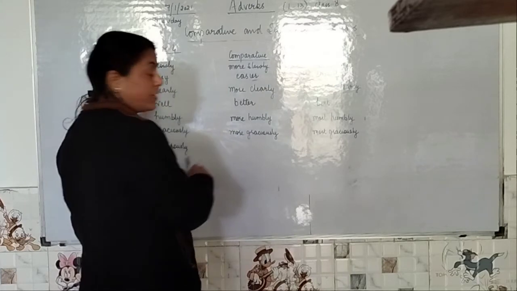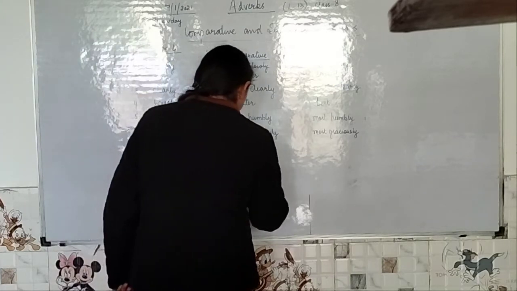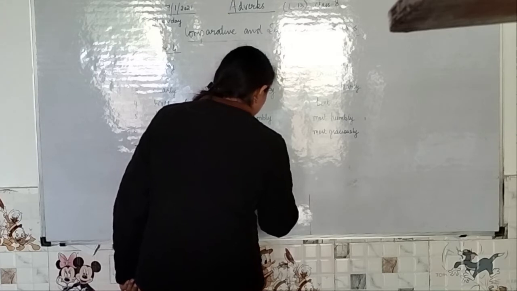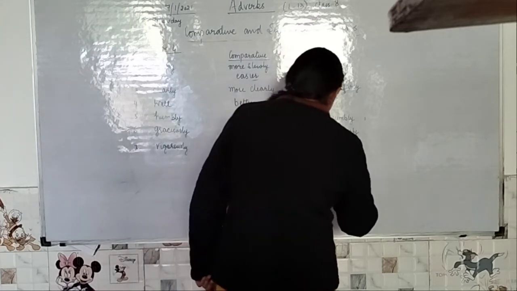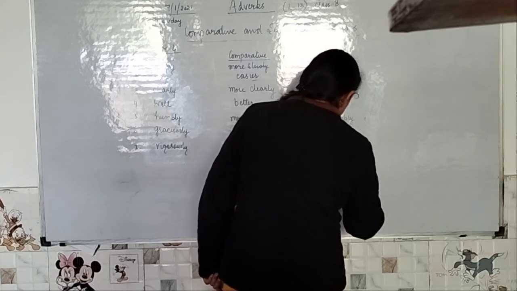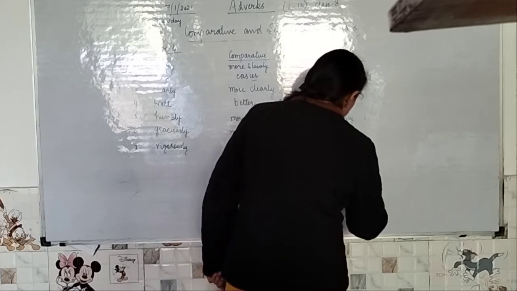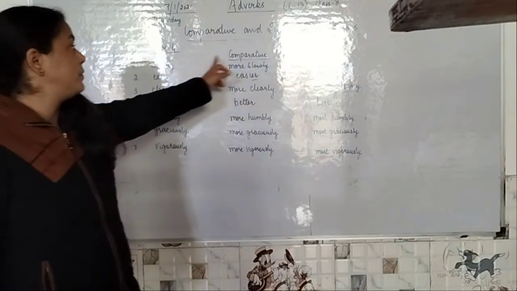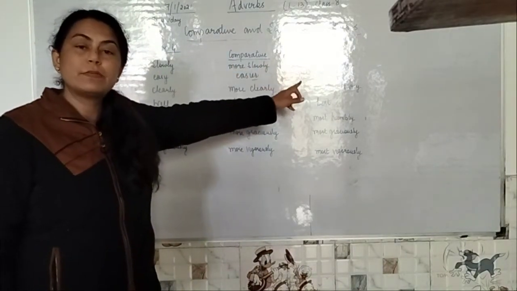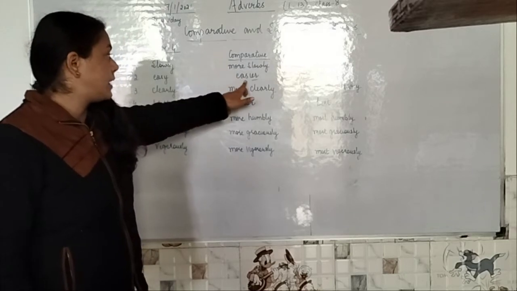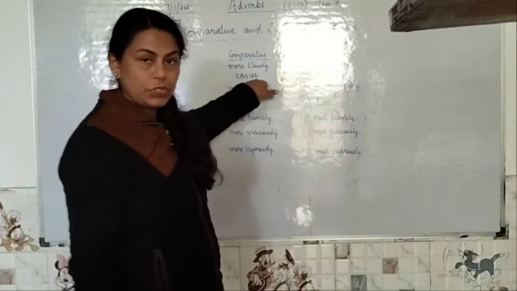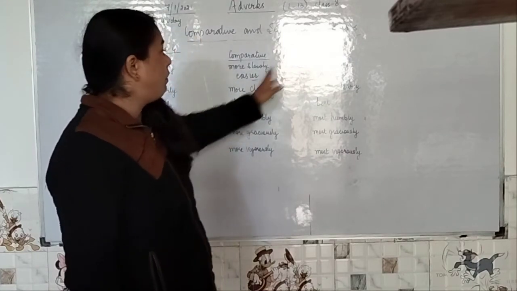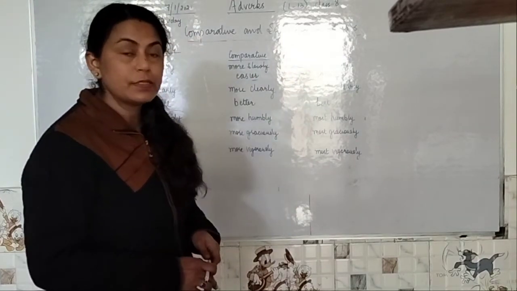Now the last word is vigorously, more vigorously, and most vigorously. So these are the forms when we are using the comparative as well as the superlative degree. In some we change the forms with er or est, but mostly we use more or most. I hope it is clear to you.